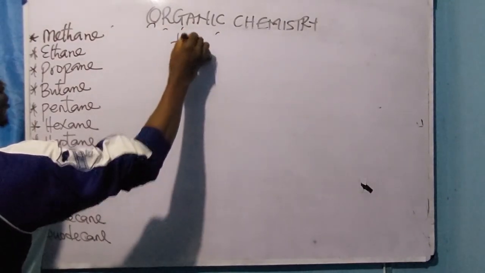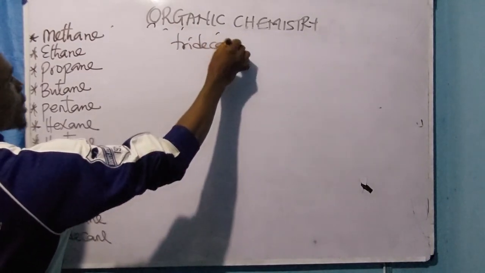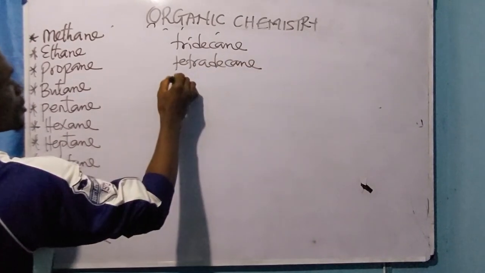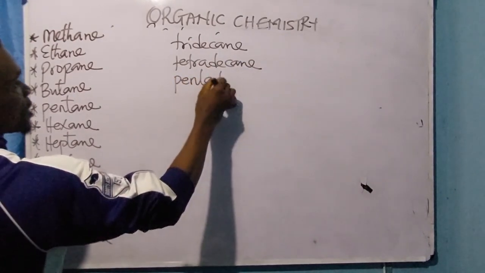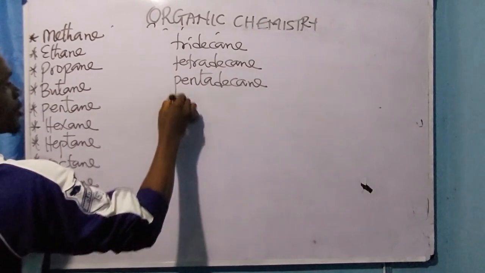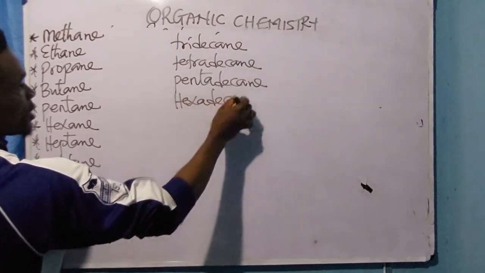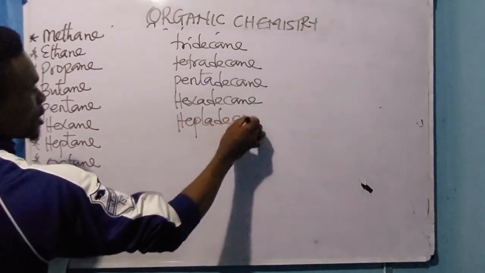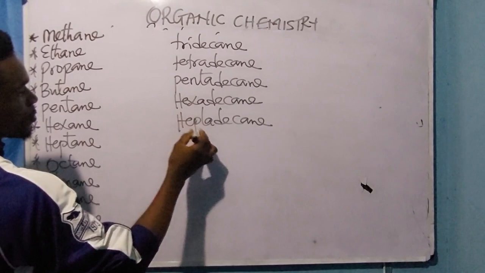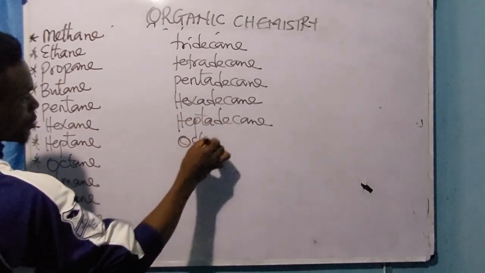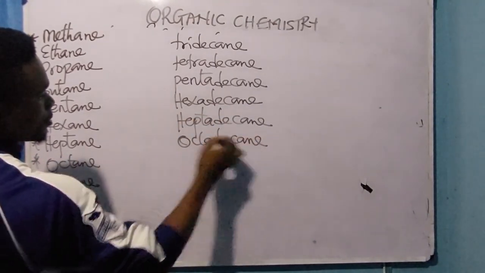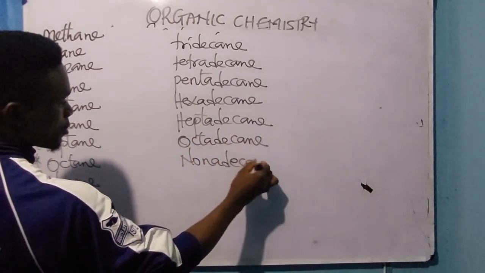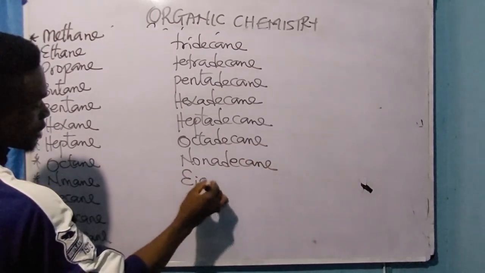We have tridecane, tetradecane, pentadecane, hexadecane, heptadecane, octadecane, nonadecane, and the 20th member is the eicosane.